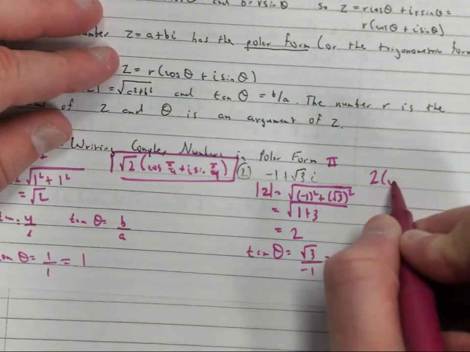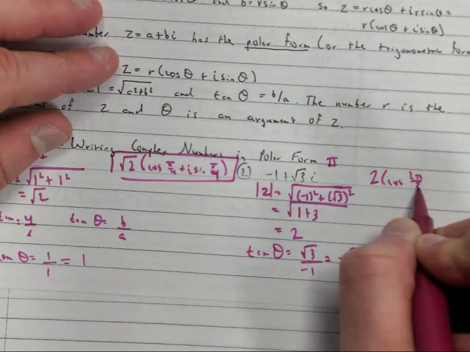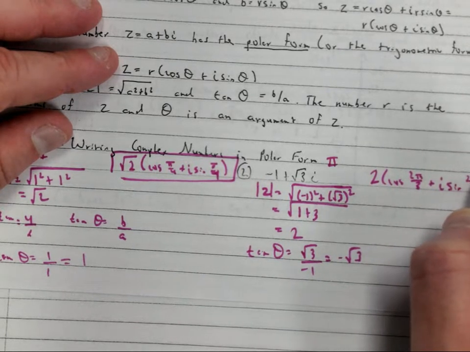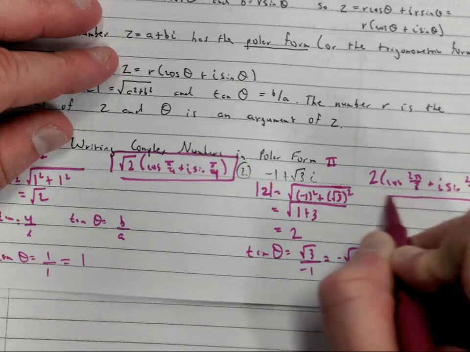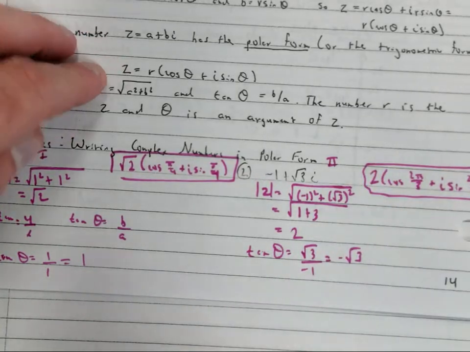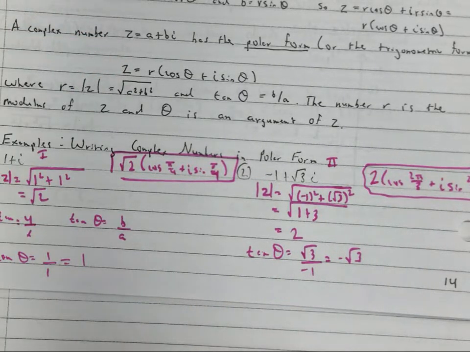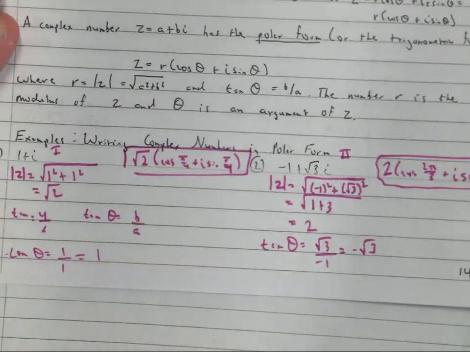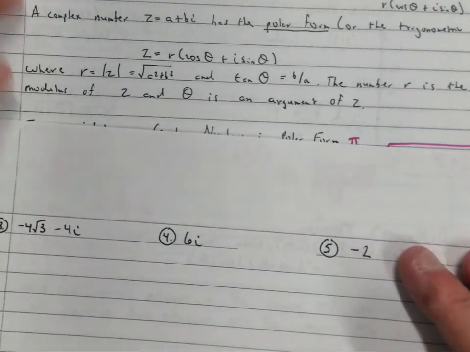So you put 2 cosine 2 pi over 3 plus what? I sine 2 pi over 3, and that's your answer. Keep going.